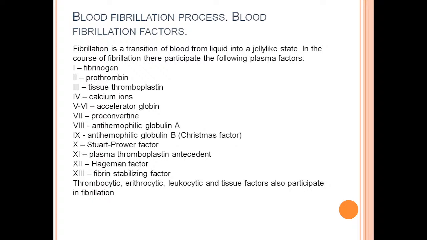Stuart-Prower factor, 11. plasma thromboplastin antecedent, 12. Hageman factor, and 13. fibrin stabilizing factor. Next, thrombocytic, erythrocytic, leukocytic, and tissue factors also participate in coagulation.